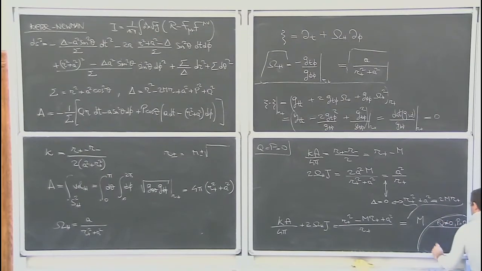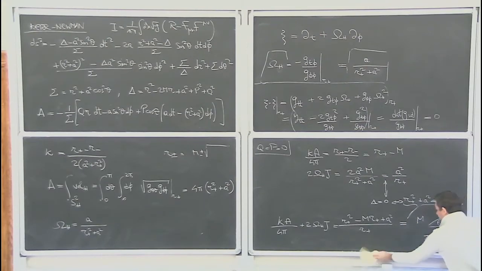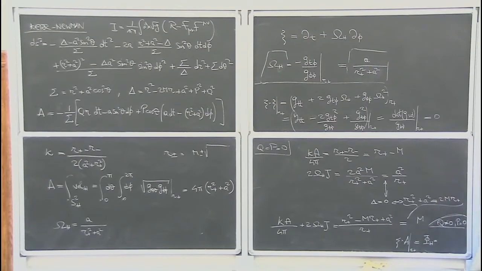And you will find that phi h, that I defined yesterday as xi dot A at the horizon, in our case at r plus, is q r plus over r plus squared plus a squared.